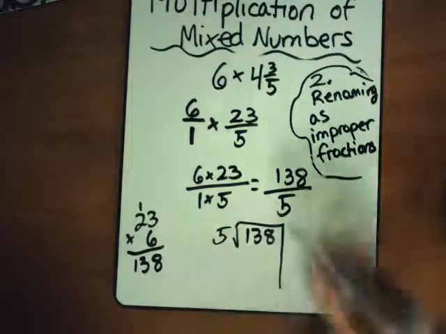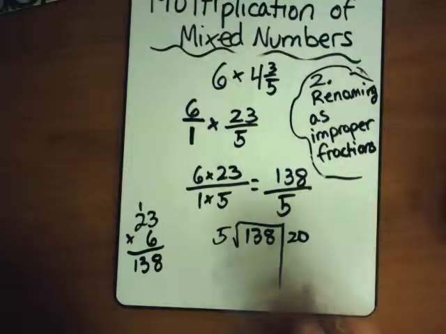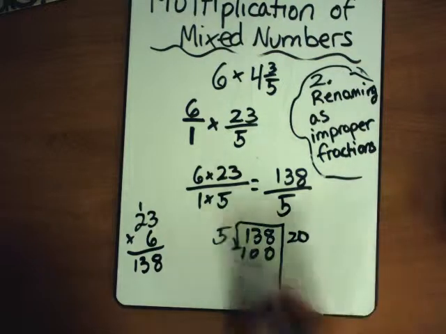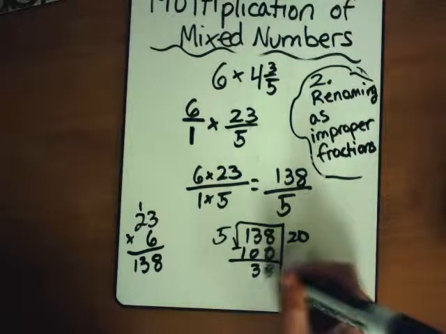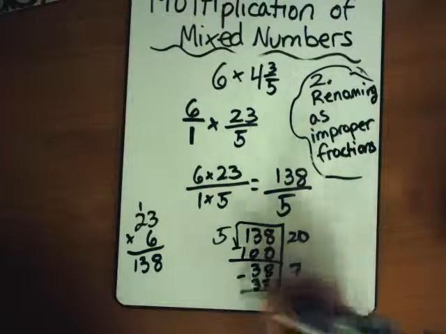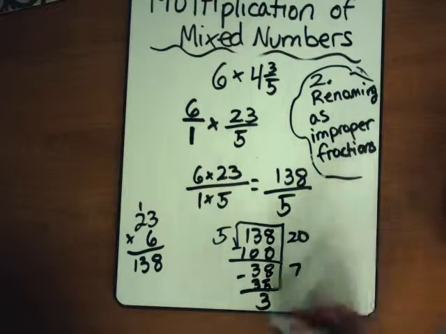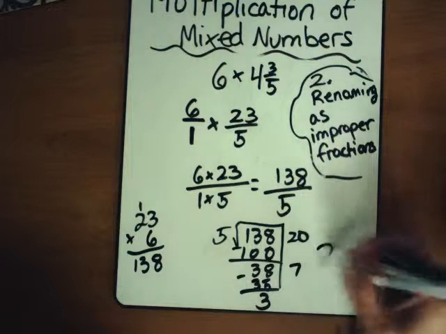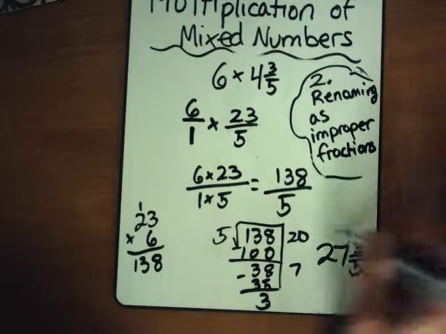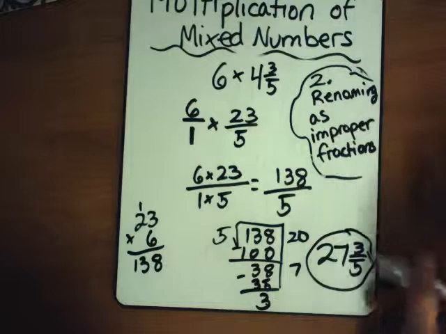And I know that 5 times 2 is 10, so 5 times 20 is 100. So I've got 38 left. 5 times 7 will get me 35 with 3 left, right? So I've got 27 and 3 fifths. Same answer, different process right there.